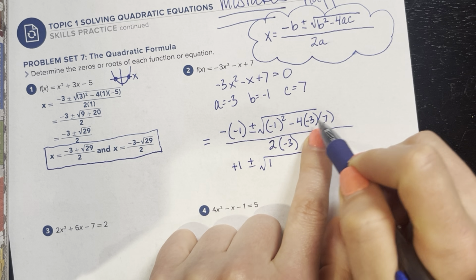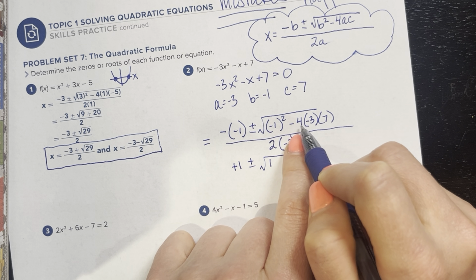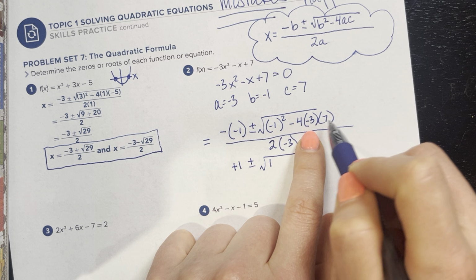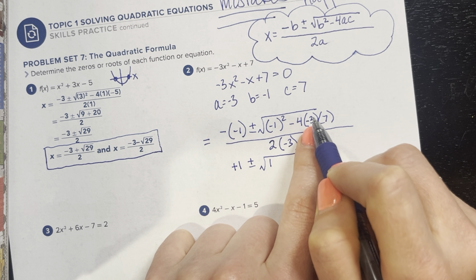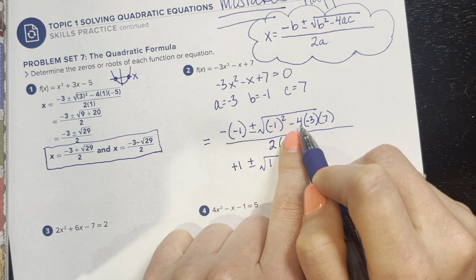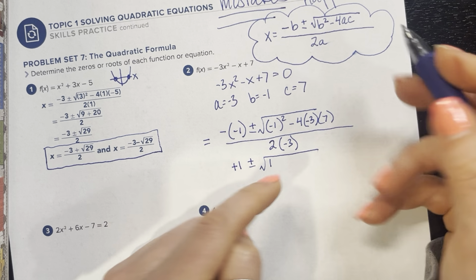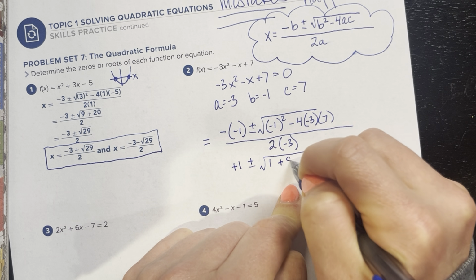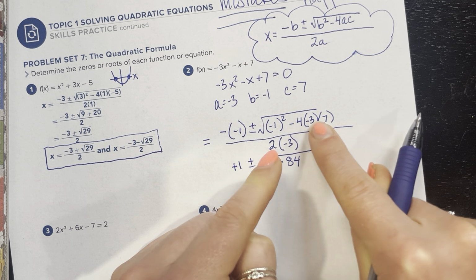So 7 times 3 is 21, or -21. I usually like to ignore the negative. 7 times -3 is -21. And then -21 times -4 is 84. And it has to be positive because minus turns into a positive.